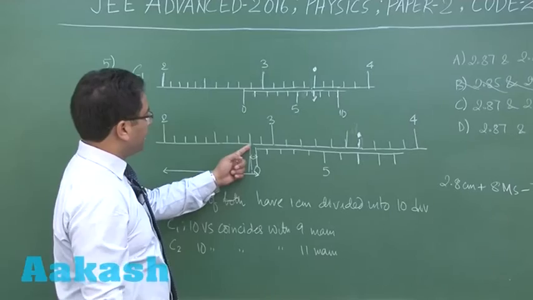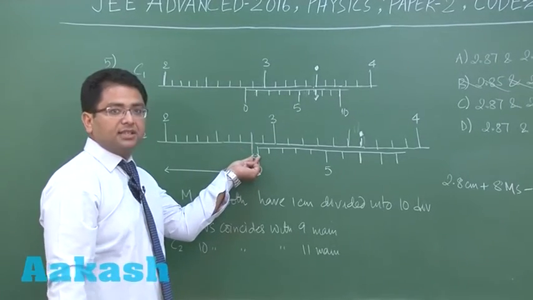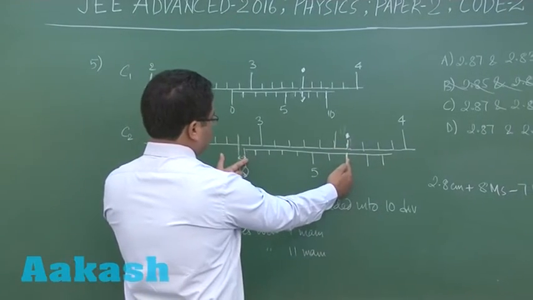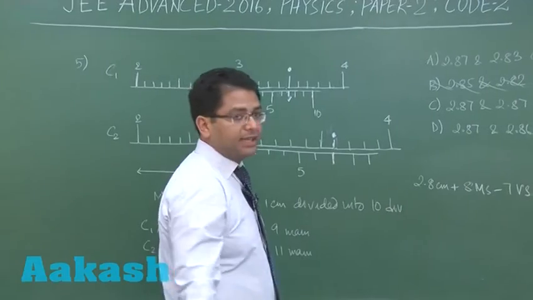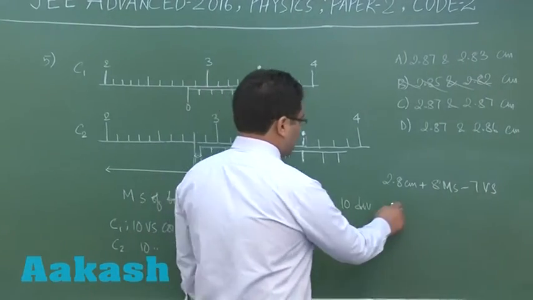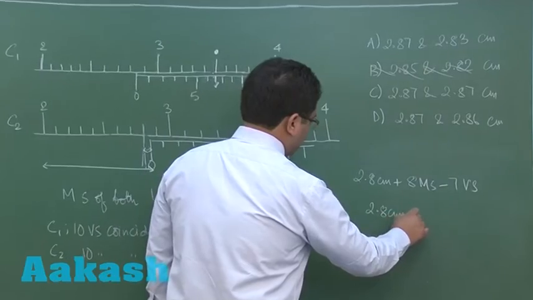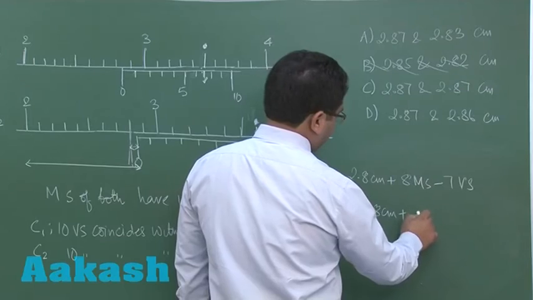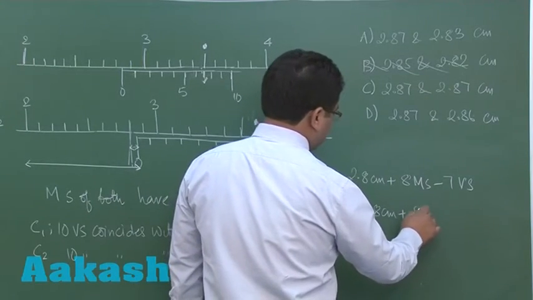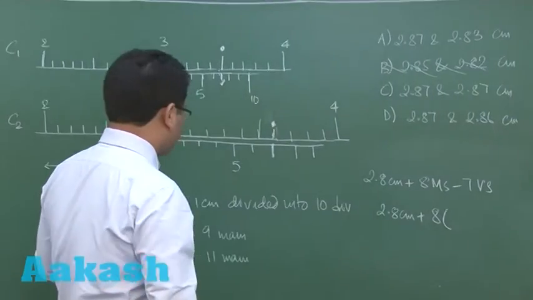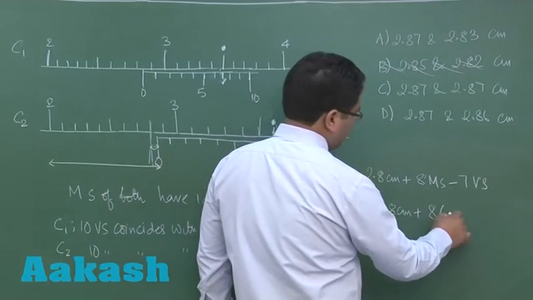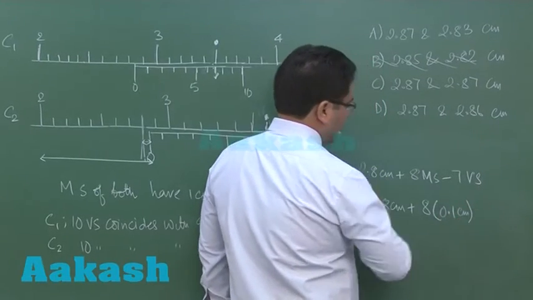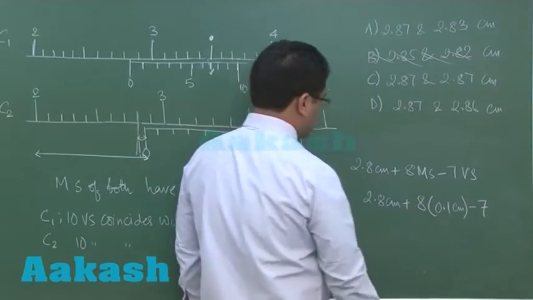So it's already 2.8 of main scale plus this additional. And this additional would be, because here is the coincide, this length minus this length, and that's clearly written here. So when you put this value, say 2.8 centimeter plus 8 main scale, you could see the main scale division quite obviously is 8 into 1 main scale division. If you see, it's 1 millimeter, so that would be 0.1 centimeter, and minus 7 times vernier scale.